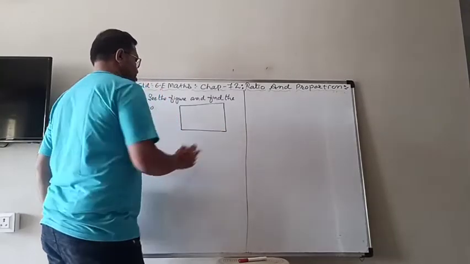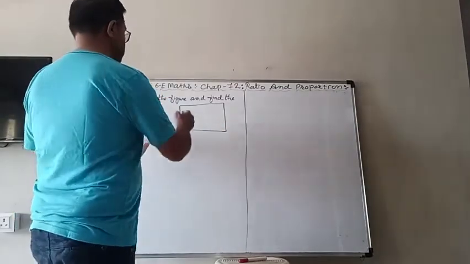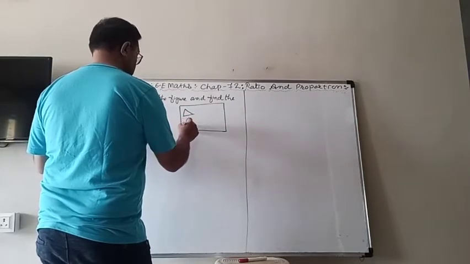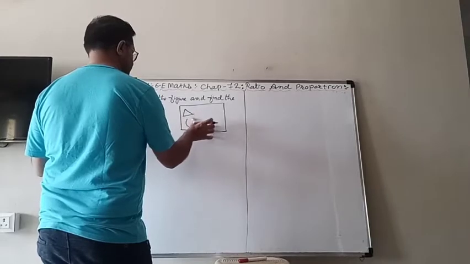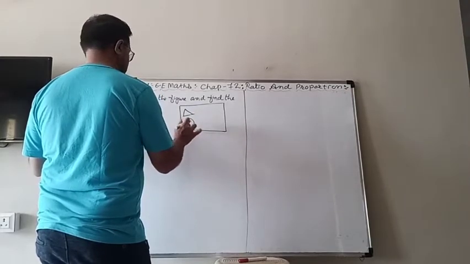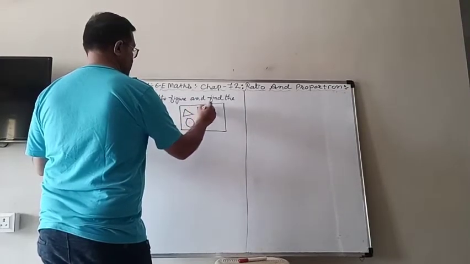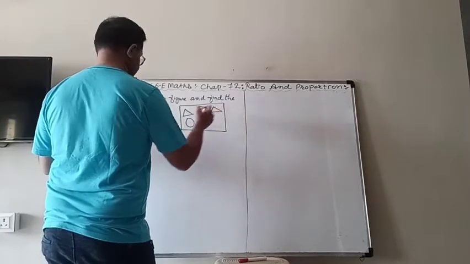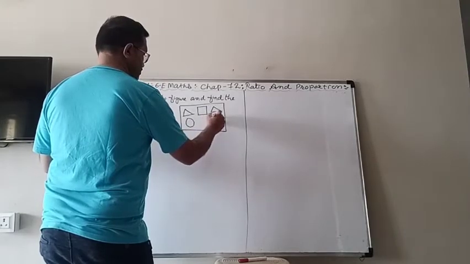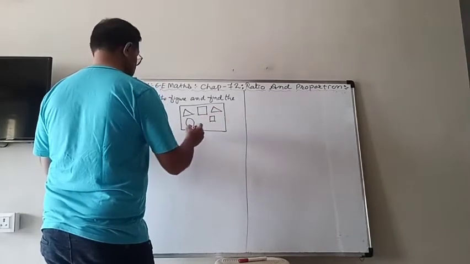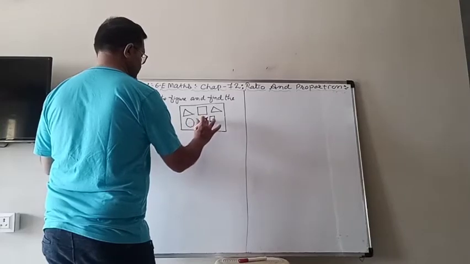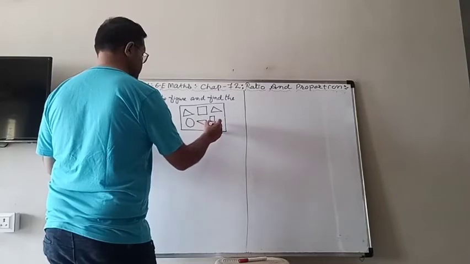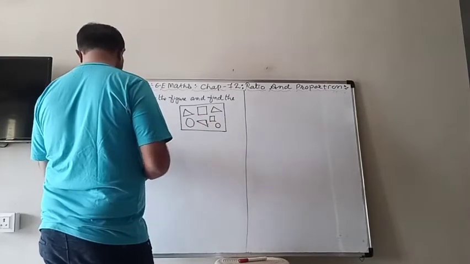In a rectangle, there is one triangle here, a circle, a square, another triangle, another small square, another triangle, and another circle.